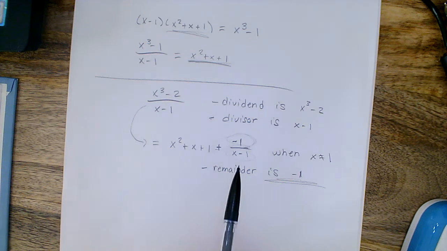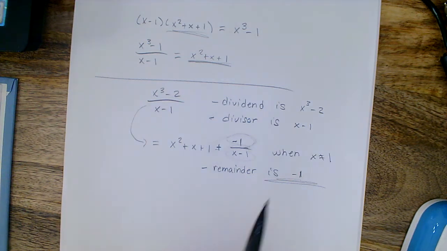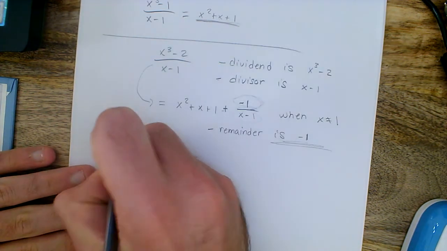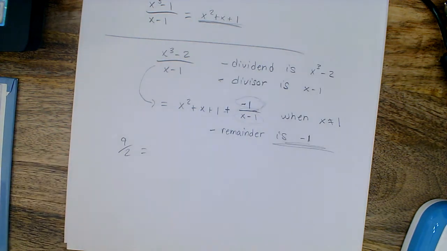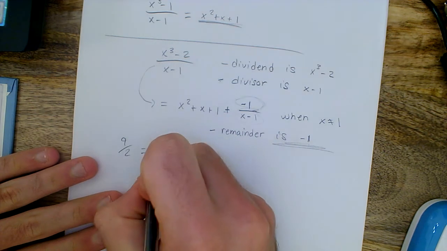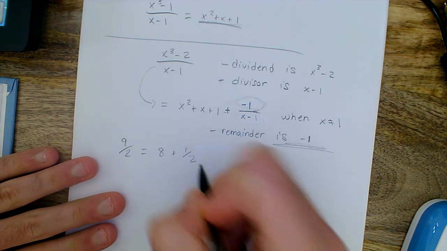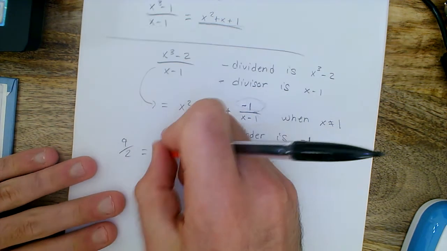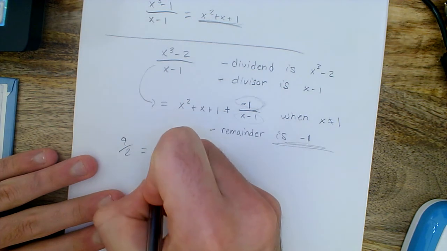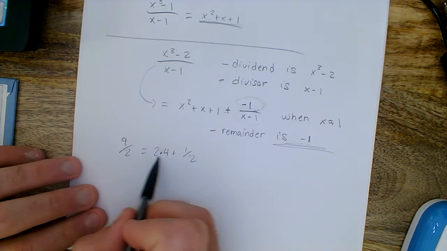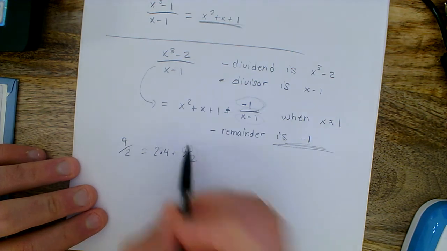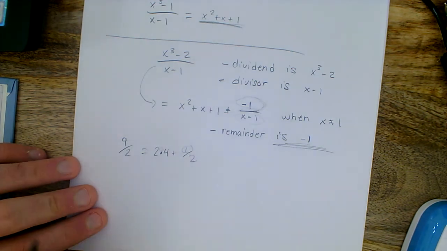It's like when you have 9 divided by 2, that's equal to 8 plus 1/2, which is 2 times 4. So 4 2's fit into it, and then we have a remainder of 1, so it's 1/2, and 2 is the divisor there.